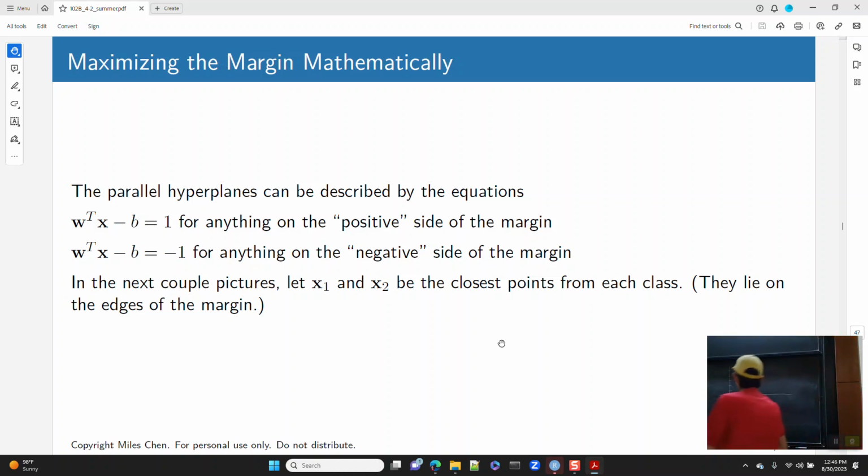All right, so let's say this is going to be our boundary here, and therefore the vector that is perpendicular will have w equal to the vector 1, 1. Okay, so this is my vector w here.